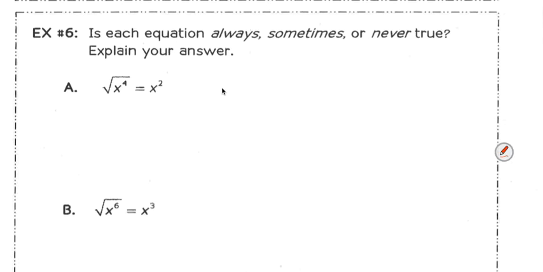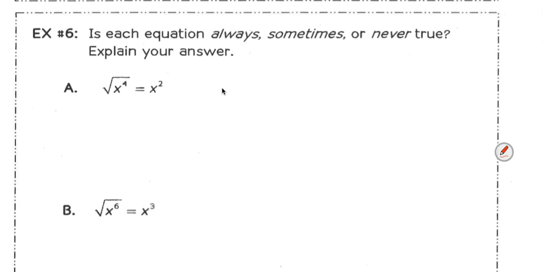They might be partially correct, like only true in certain situations, in which case you'd write sometimes. And there's a chance that an answer is written that is simply never true. So look at each of these, write if the answer is always true, sometimes true, or never true, and especially if it's sometimes or never, be prepared to explain your answer.